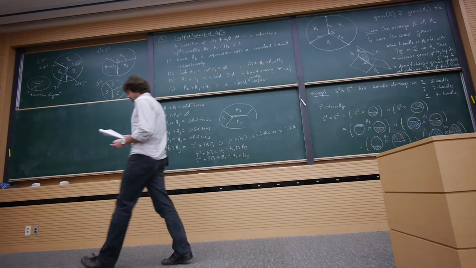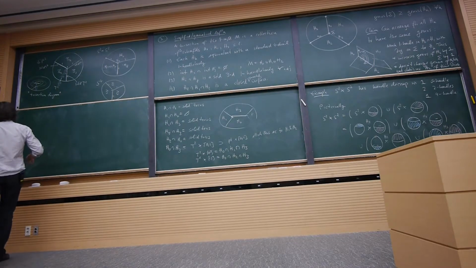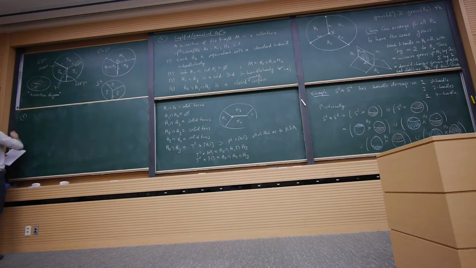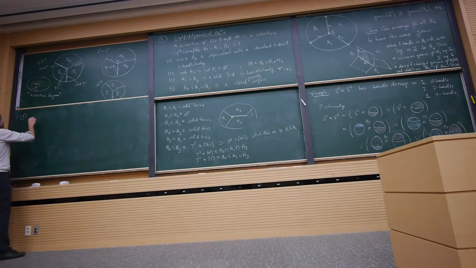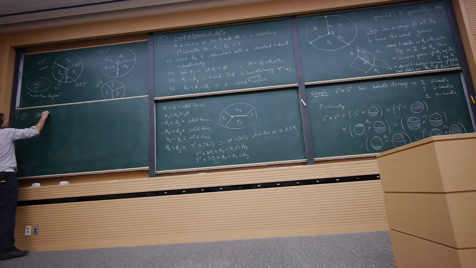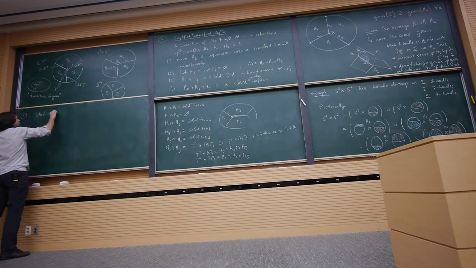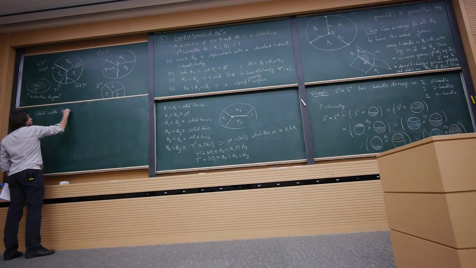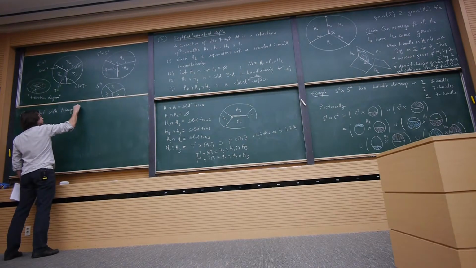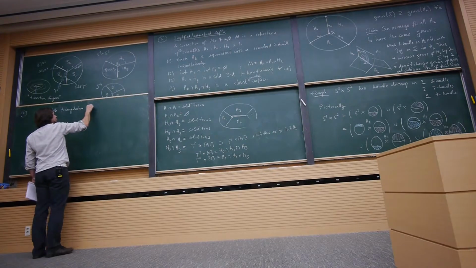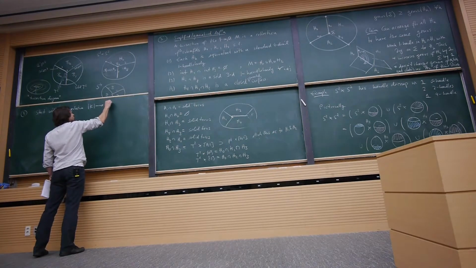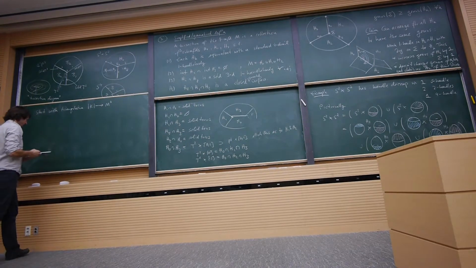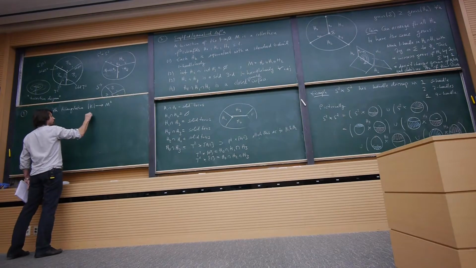It will be slightly more complicated. Okay, so the existence proof. We start again with a triangulation, and we again take the first barycentric subdivision.